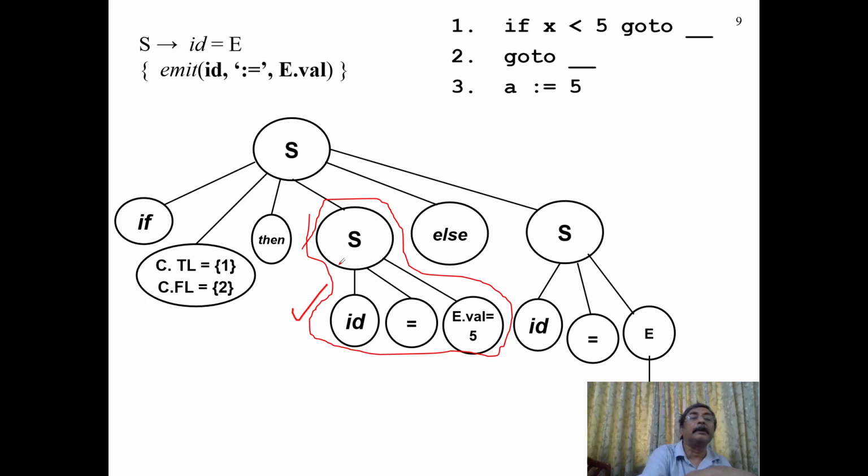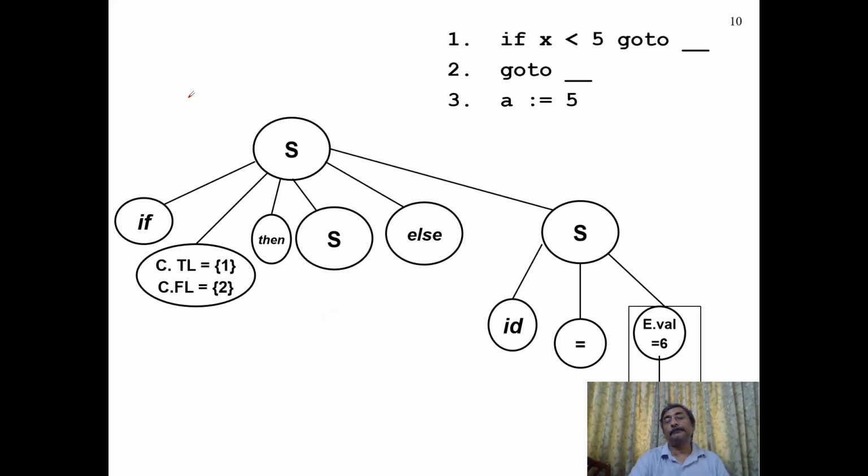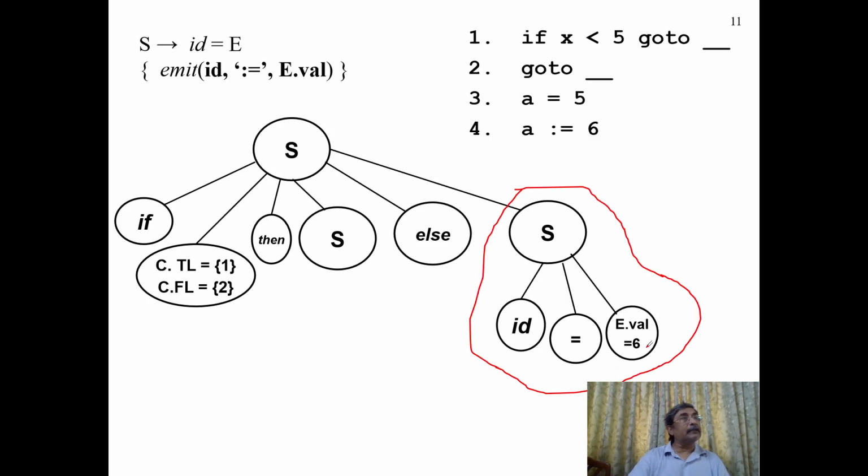So I generate an ID assigned the value which is stored in E. So this line will be generated by this particular code, and I go to the next reduction, which is this. Once this is done, E.val is set to 6, and the next reduction is this one.